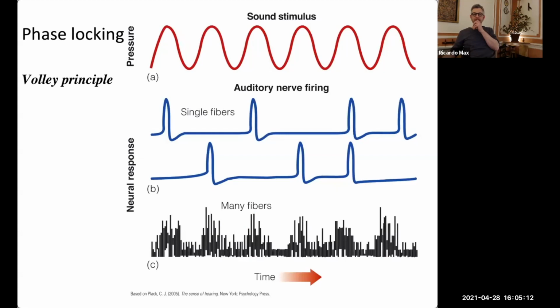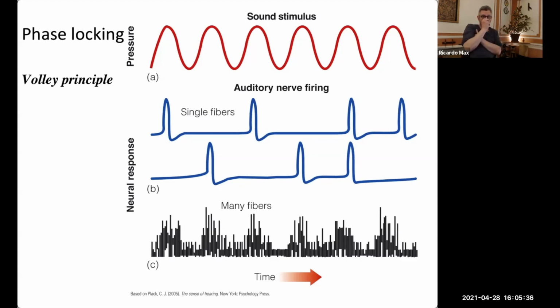That pattern, the frequency of the firing of those hair cells, determines the firing rate of the auditory nerve cells that reach the brain.